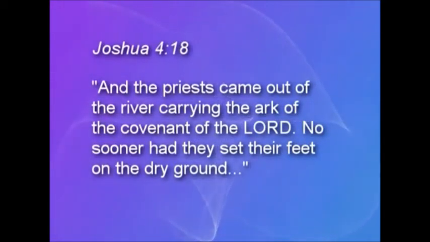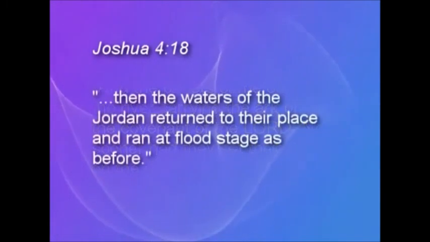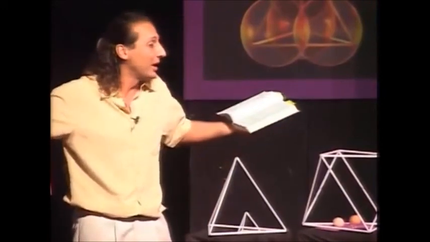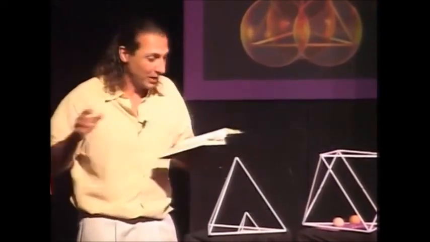No sooner had they set their feet on dry ground than the water of the Jordan returned to its place and ran at flood stage as before. So here, it's very direct about using the ark to actually stop the course of the water of the Jordan, let the tribes of Israel go through, and then as soon as they got out of there, the gravitational field, or whatever you want to call it, allowed the water to start running again.